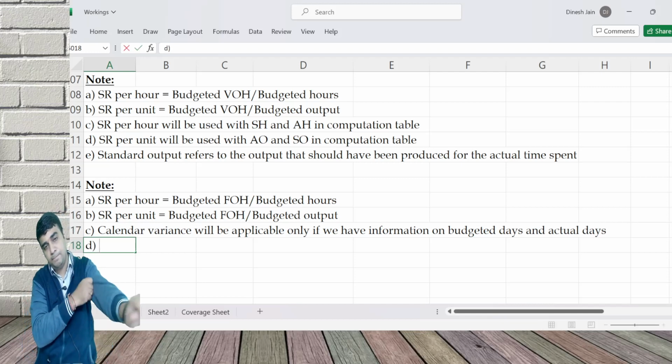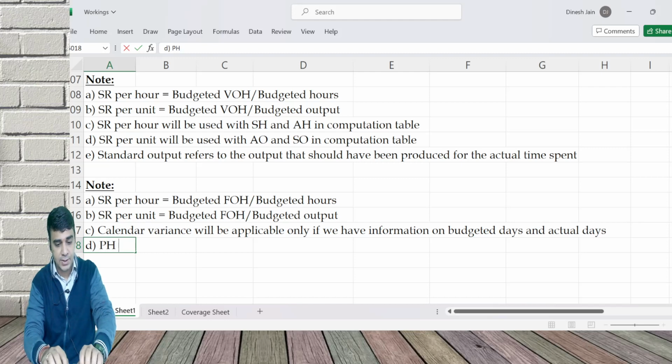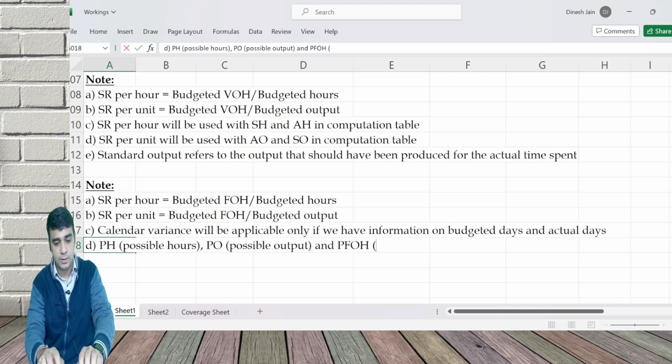Point number D. PH in bracket possible hours, comma PO possible output, PFOH possible fixed overhead.